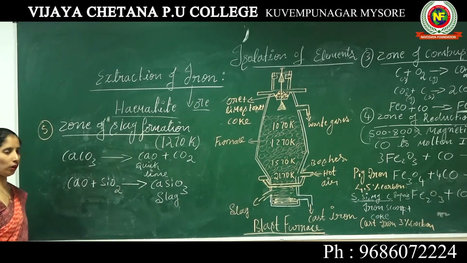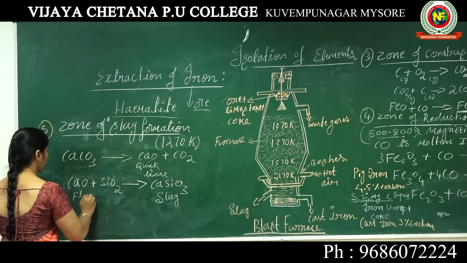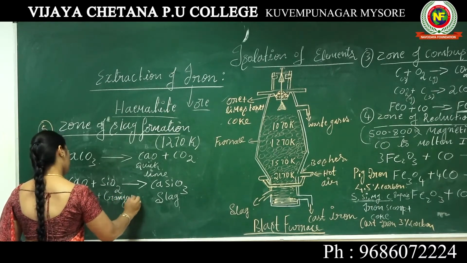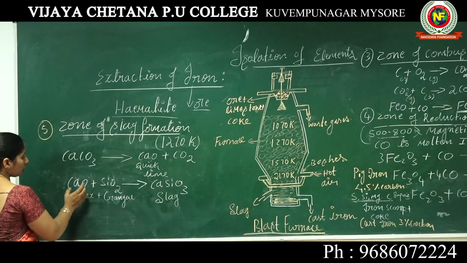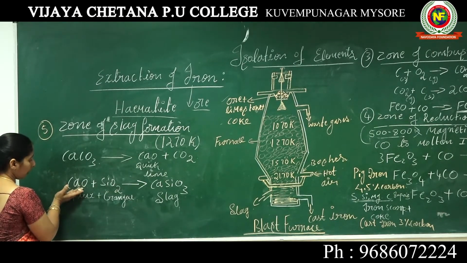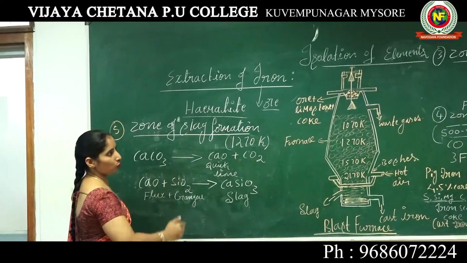We call it slag, and calcium oxide is a flux, and silica is the gangue, meaning an impurity. The calcium oxide, which is the flux, has another name, quicklime. It combines with the gangue, the impurity we get in the zone of reduction.